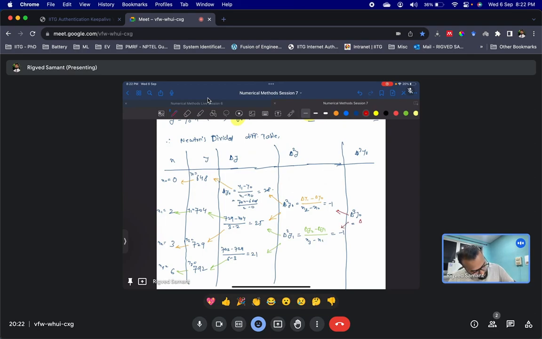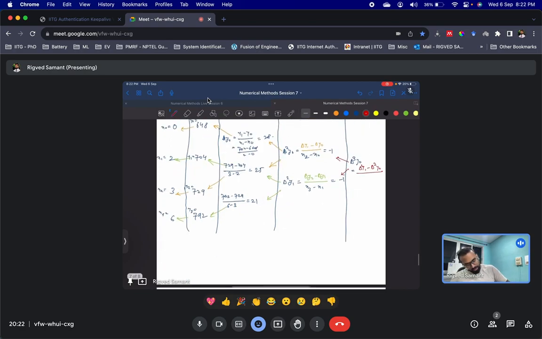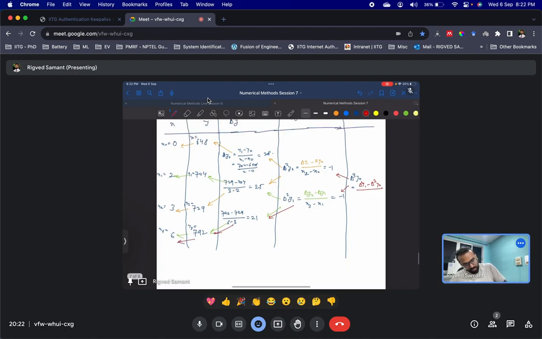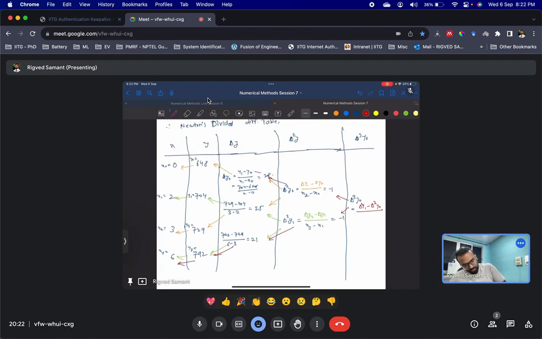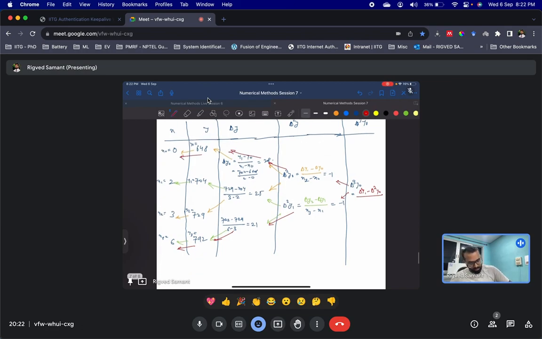So delta square y1 minus delta square y naught divided by x3 minus x0.